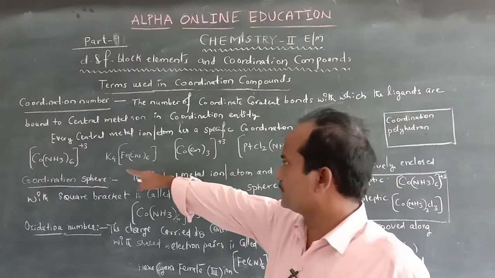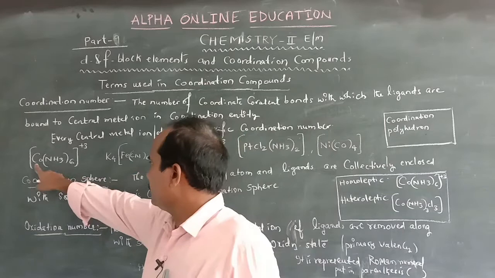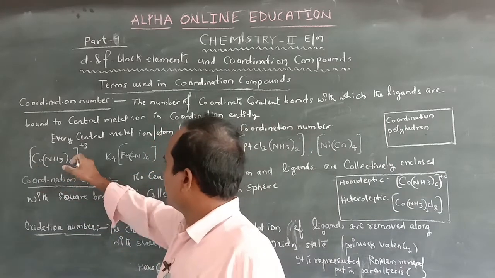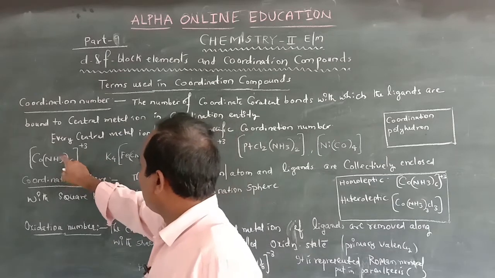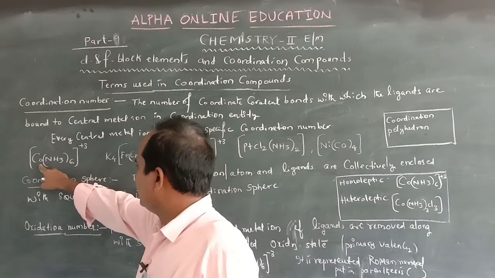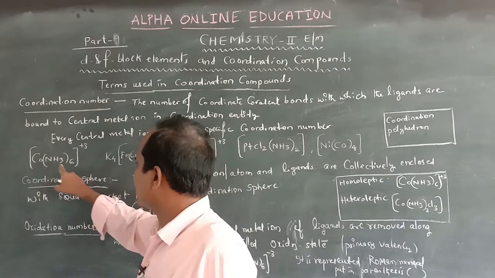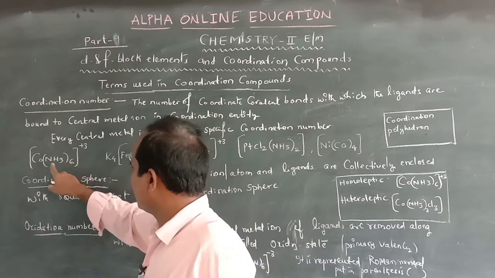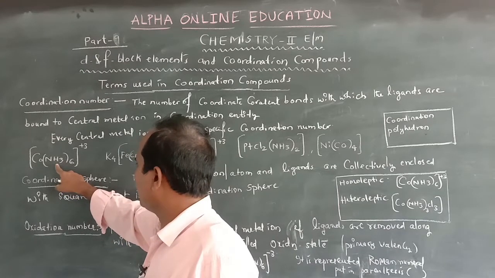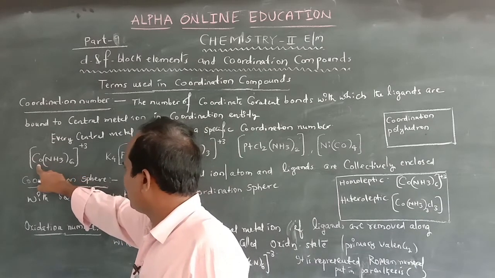Then, here is hexaamminecobalt(III) ion. In this, how many ligands are connected with the central metal ion in this coordination complex? Here 6 ammonia molecules connect with the cobalt ion.